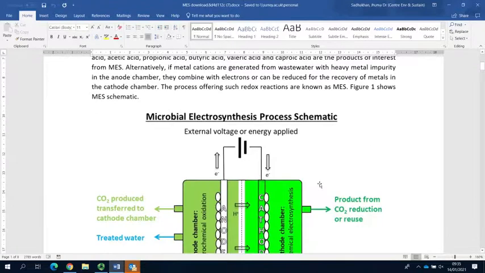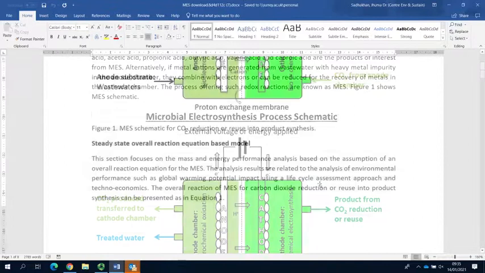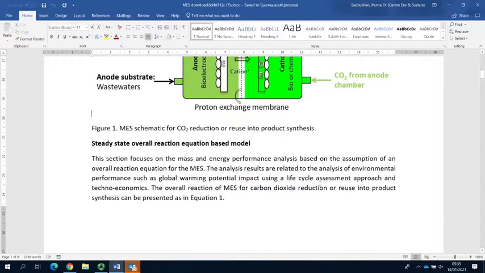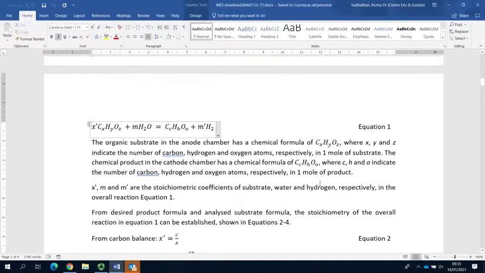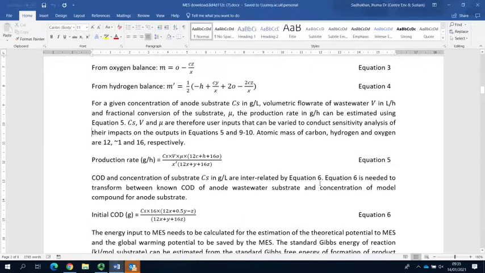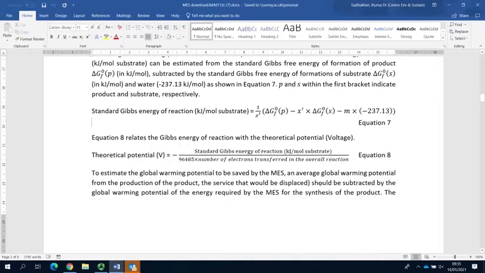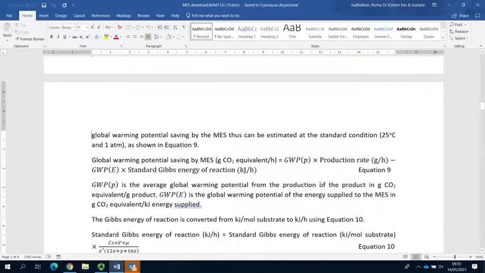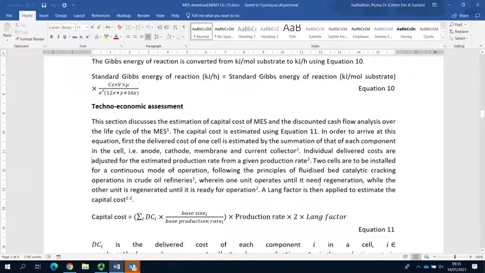Detailed process descriptions are first given, then the steady state overall reaction equation model will comprise overall stoichiometric reaction. From the stoichiometry, the elemental balance equations, thus the production rate calculation, the Gibbs free energy of reaction calculation, and the theoretical potential calculation.